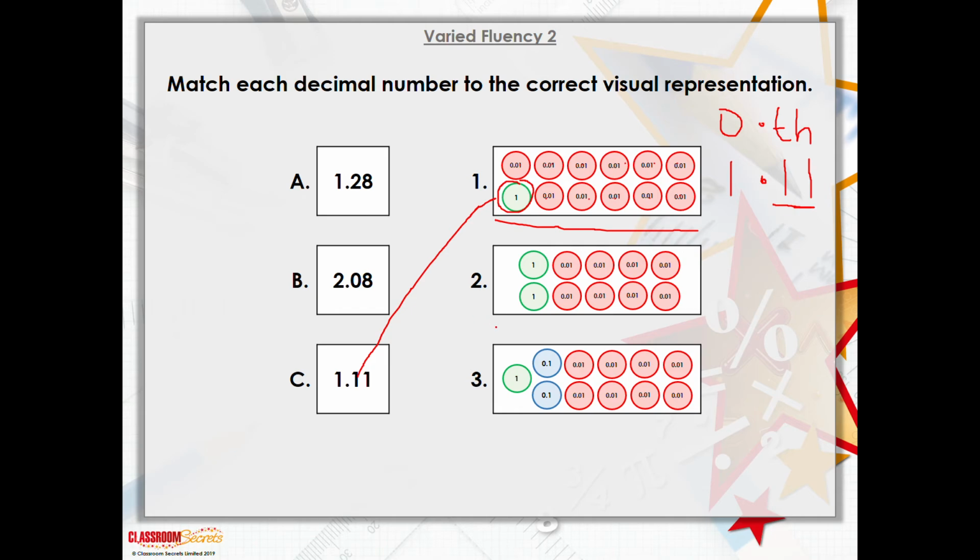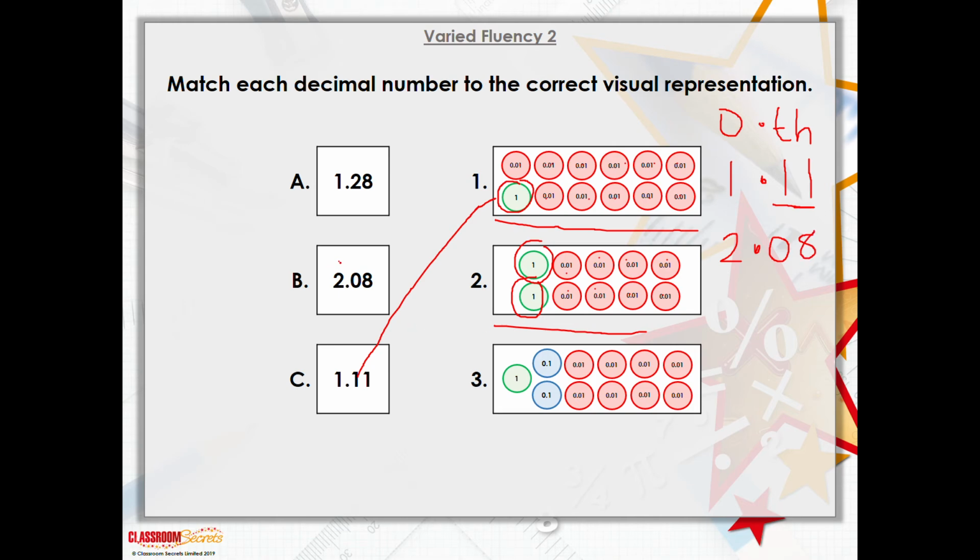Okay, let's have a look at number 2. 2 has, let's have a look at the ones, has 2 ones. Place my decimal point. No tenths, but we'll have a look at hundredths. 1, 2, 3, 4, 5, 6, 7, 8. We don't have 10 hundredths, so we don't have a tenth. So we'll have to place 0 tenths in there, and it has 8 hundredths.